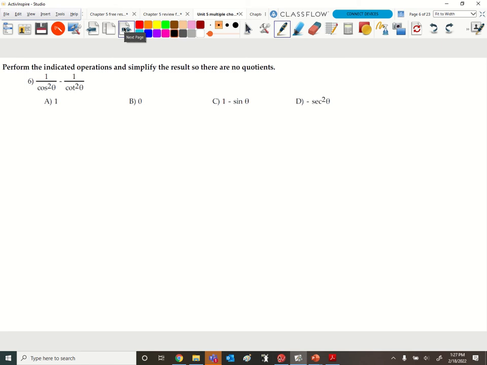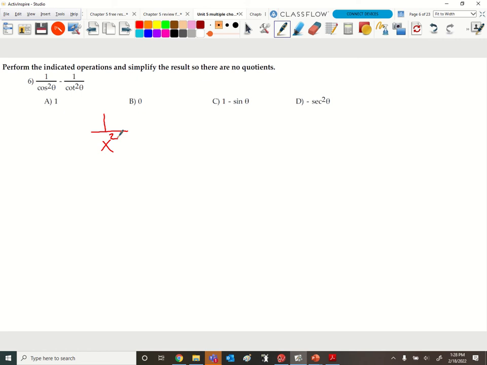Number 6. Same thing. I get 1 over, now cosine. How would I write cosine? X squared over 1, or since I don't need the over 1 here, I'm just going to put it as x squared. There's a reason why. I would put over 1 if I needed to try and clean up a fraction over fraction.